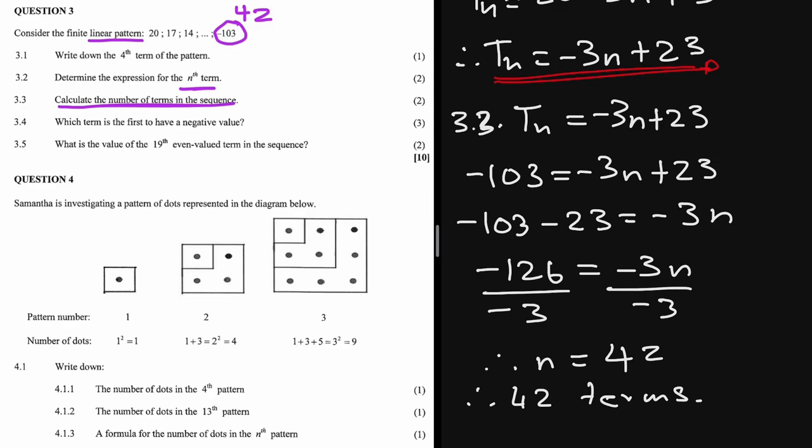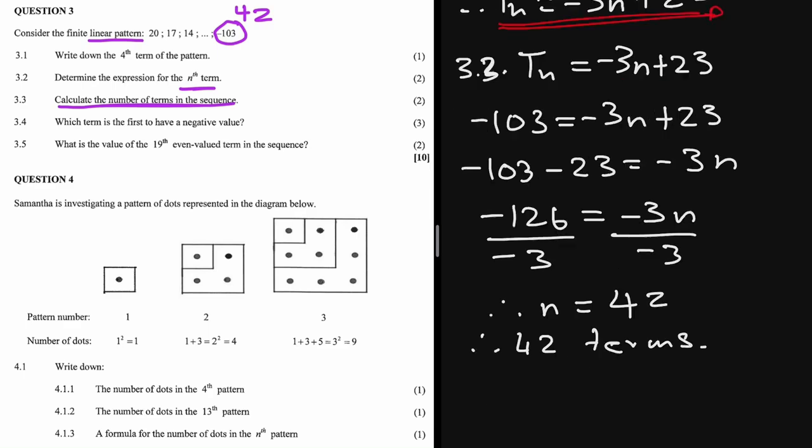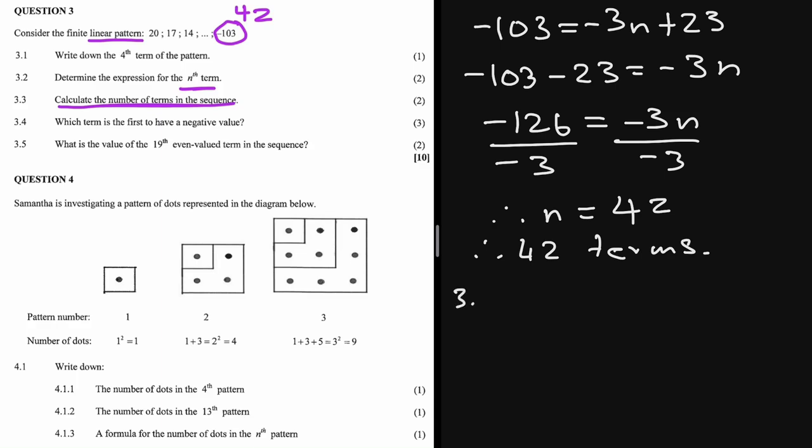So the next question, which is 3.4, says, which term is the first to have a negative value? They want the first term that is going to be negative. Remember, if you have this pattern here, you can always minus 3 like that to determine which term will start to be negative.